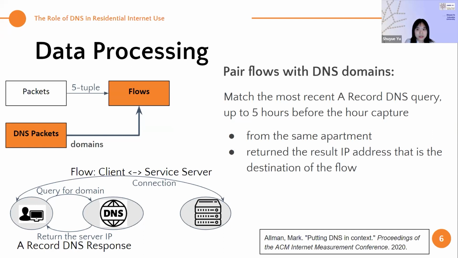It's possible that a flow in our 1-hour capture is actually being directed by a DNS query before the hour, and either the record was cached or the flow started before the hour. For such flows, we look at DNS packets up to 5 hours before the hour capture and pick the most recent one with corresponding IP addresses. Using more than 5 hours didn't significantly increase the number of flows we could match.